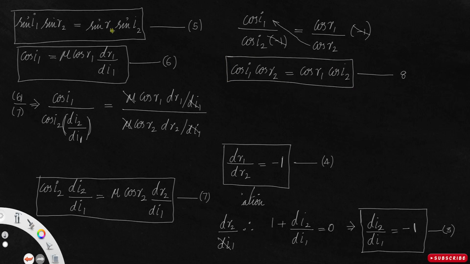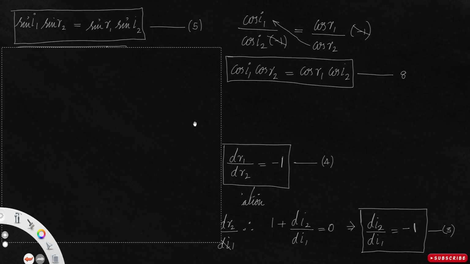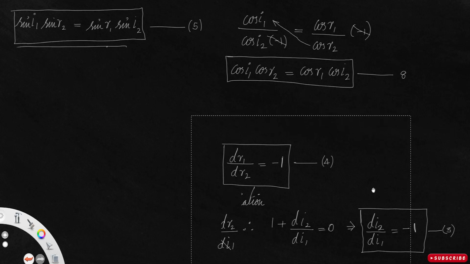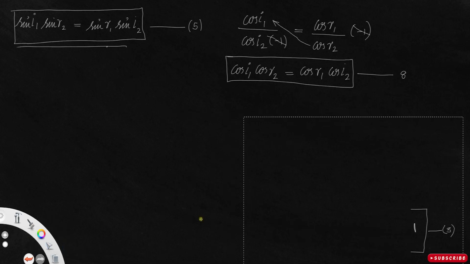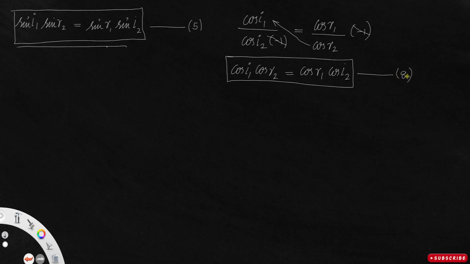Clear? Now let me erase all this. Now let me subtract equation 5 from equation 8, that is equation 8 minus 5.